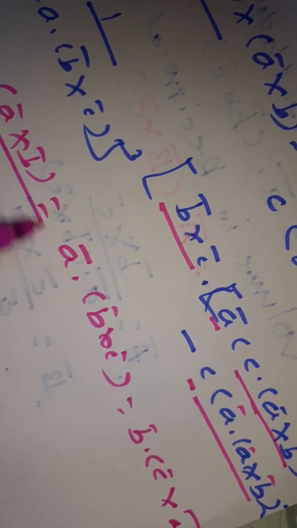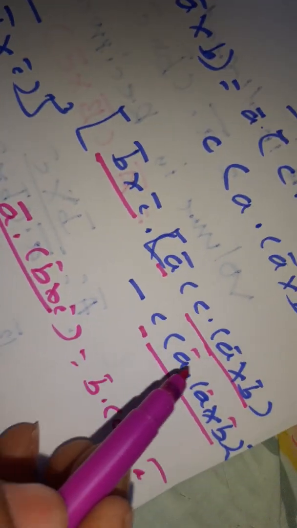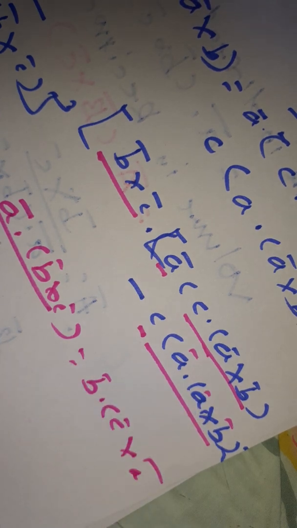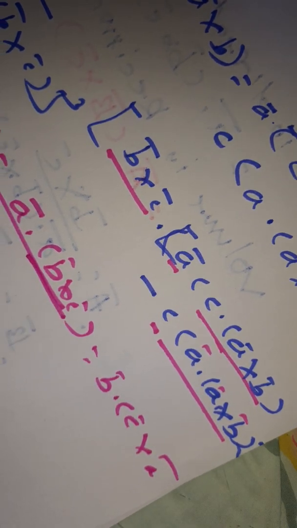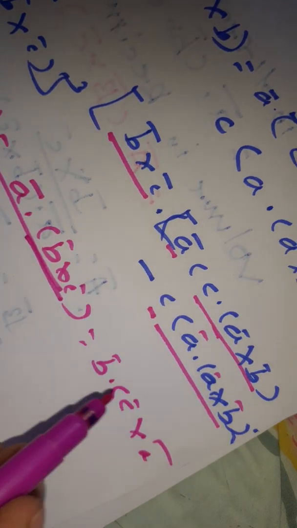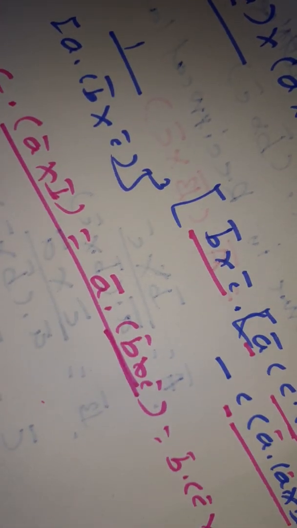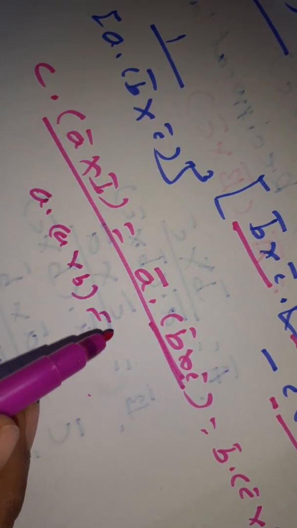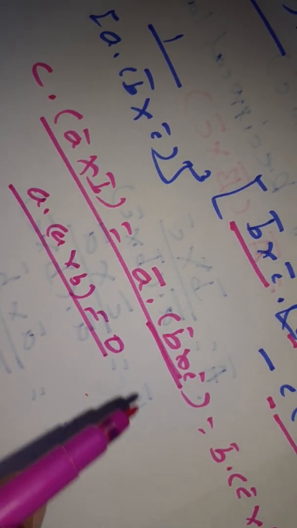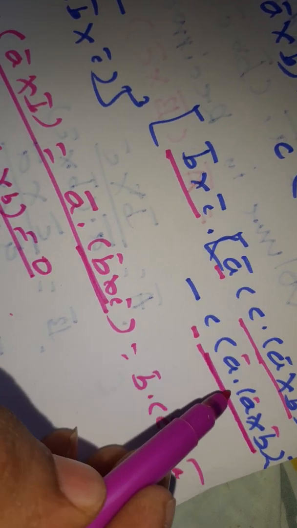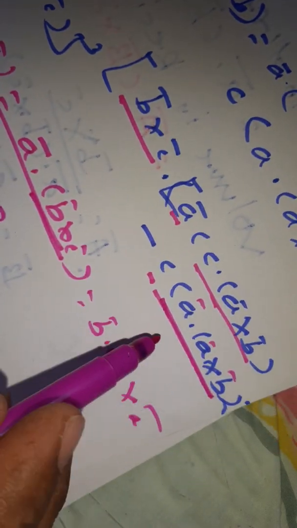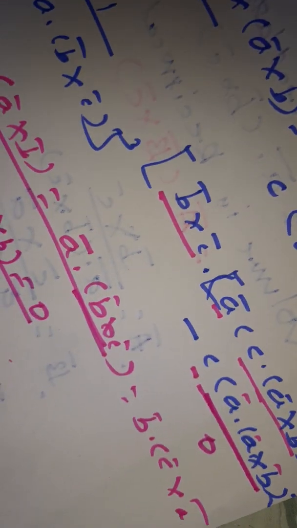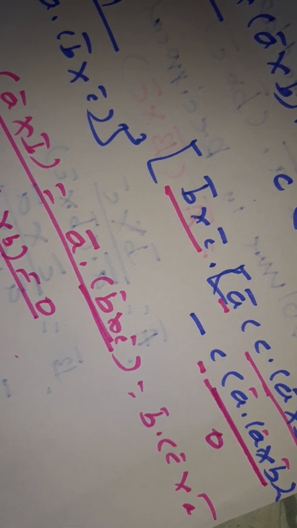So we can replace C bar dot A cross B using these equations. If you take A bar dot A cross B, it is equal to 0. So now this term A bar dot A bar cross B becomes 0, so only the remaining term is there.